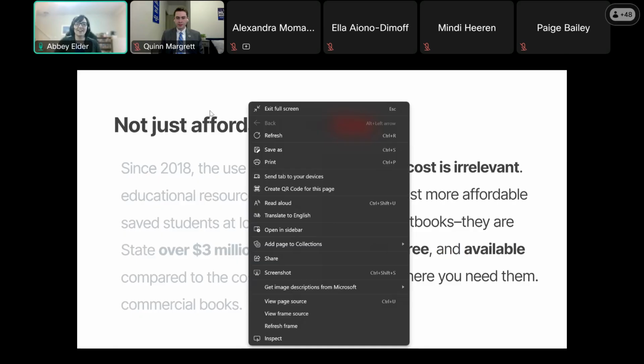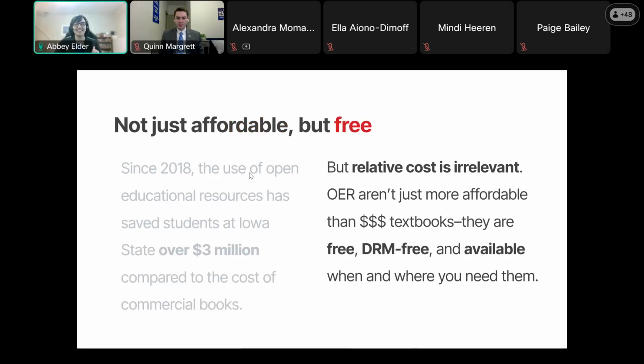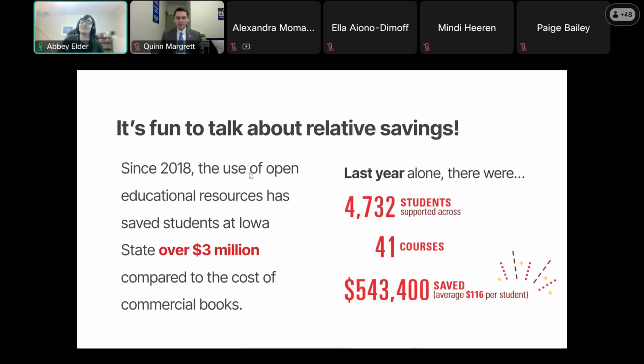And OER are not just affordable, they are also free. So why don't more faculty, you're great. I could have just gone through it and they wouldn't have known a thing, but we did skip two slides for a second. So it's fun to talk about the cost savings that we get from OER. We have saved over $3 million from the use of OER at Iowa State since I started here.